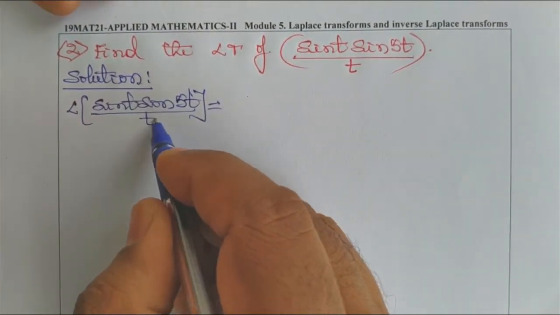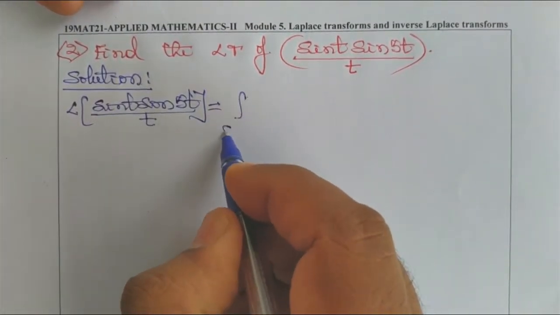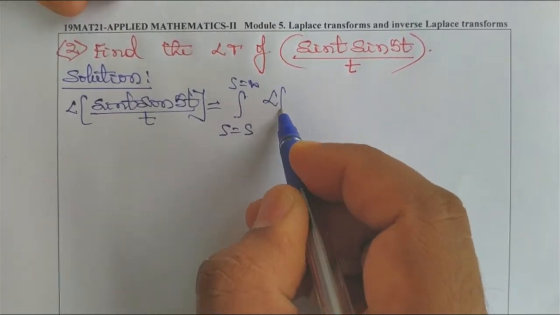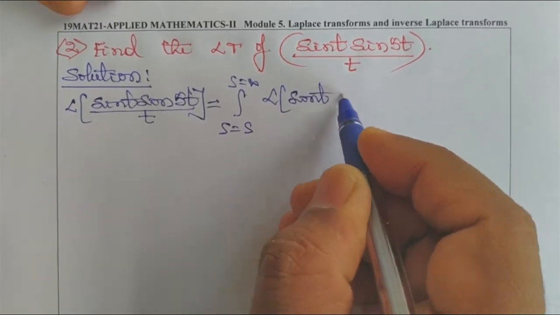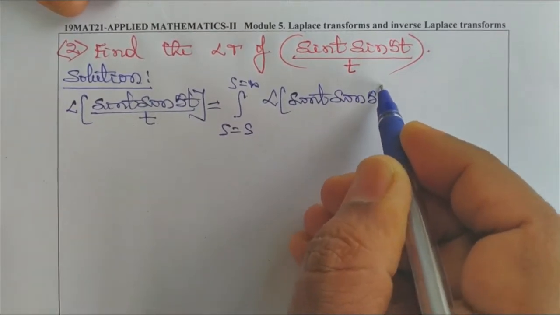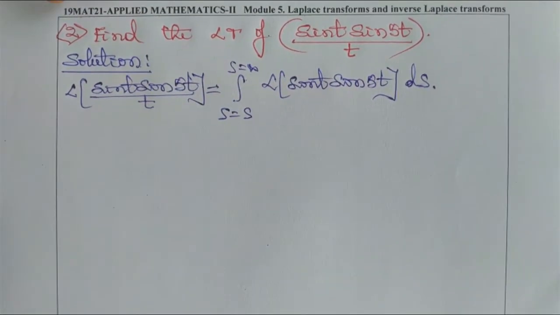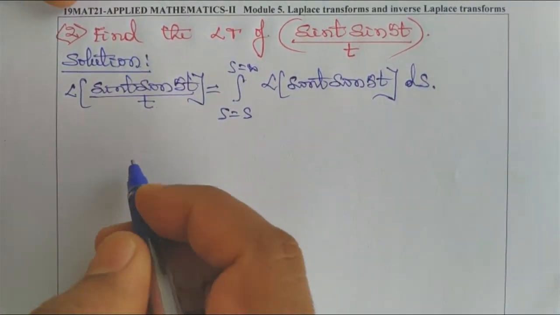Since it is division by t, it is the integral from s to infinity of Laplace of sin t into sin 5t ds. So f of t is here sin t into sin 5t.